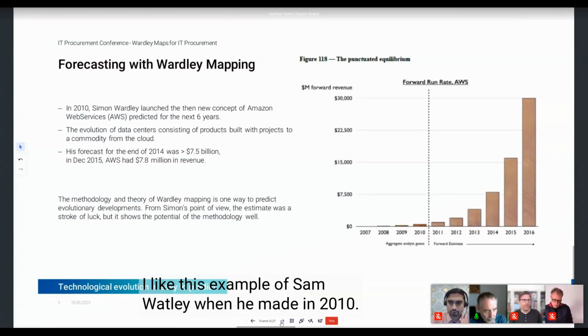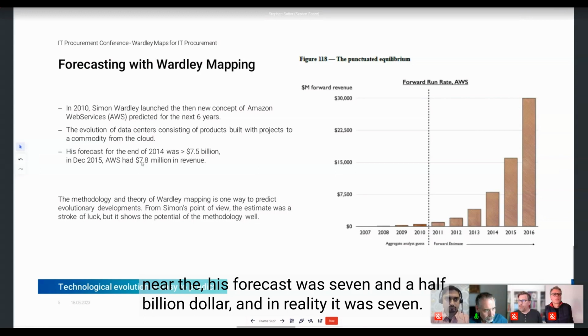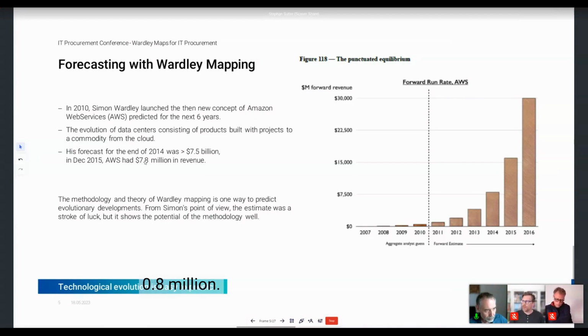I like this example of Simon Wardley when he made, in 2010, a forward estimate of the revenue of AWS, and from 2010 to 2014, it was very near. His forecast was $7.5 billion, and in reality, it was 7.8 billion.